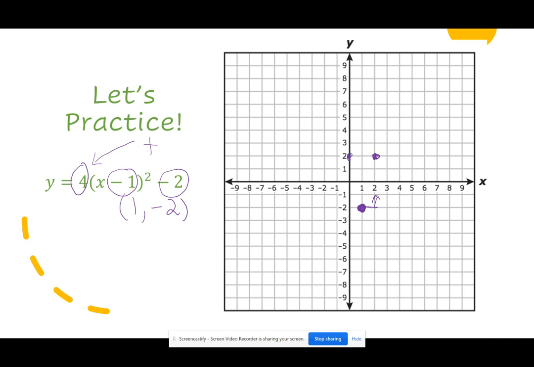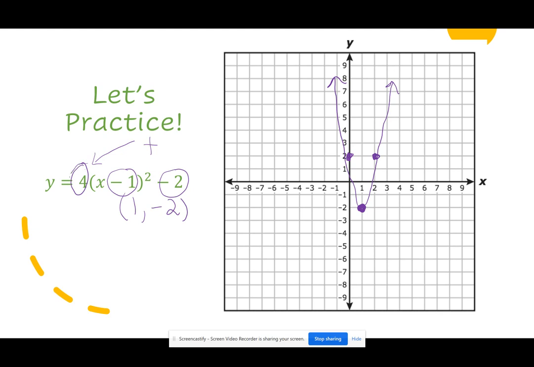Same on the other side. And then normally you go up 2, over 2, and up 4. Multiply that up by 4. So we're going over 2 and up 16, which clearly will not fit on this graph. But we can make our parabola with these points. We see that it's more narrow because it's vertically stretched by a factor of 4.